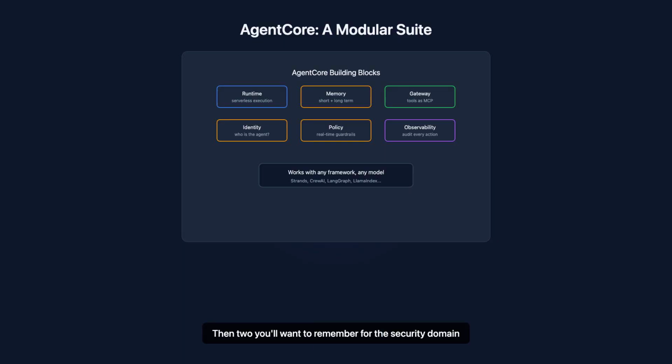Then two you'll want to remember for the security domain: identity, which answers who is this agent, and policy, which enforces real-time guardrails on what it's allowed to do. And observability records every action for the audit trail. Underneath it all, the key point is the headline: it works with any framework and any model: Strands, CrewAI, LangGraph, and more.